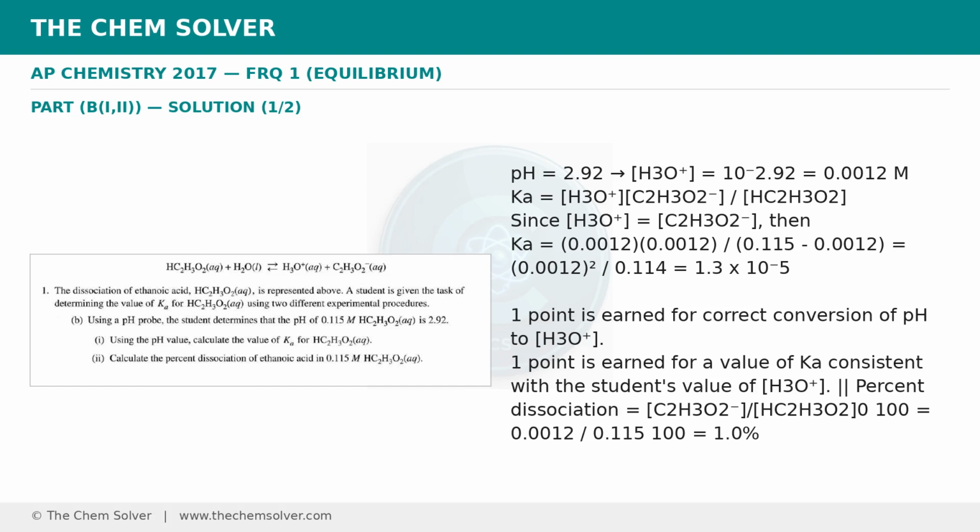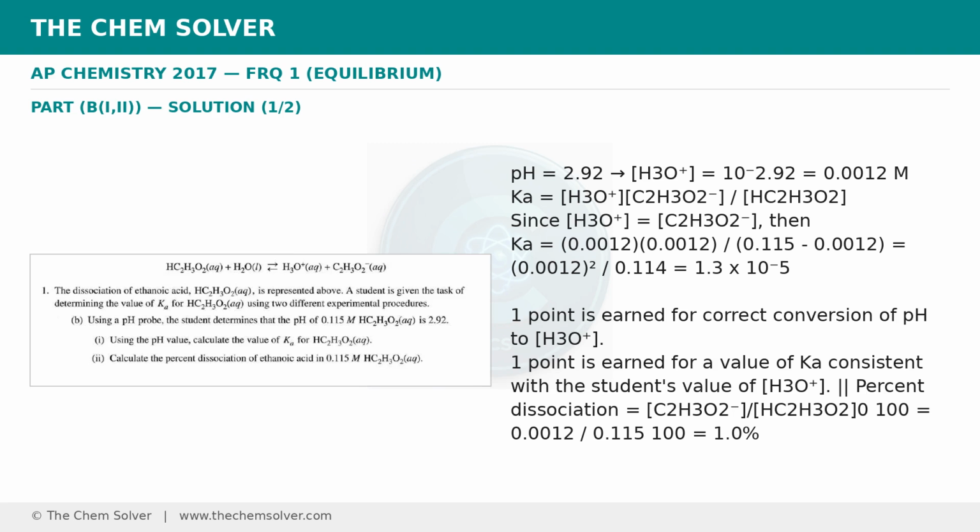pH equals 2.92 gives H3O+ equals 10 to the power negative 2.92, which is equal to 0.0012 molar. Ka equals [H3O+][C₂H₃O₂⁻] / [HC₂H₃O₂].